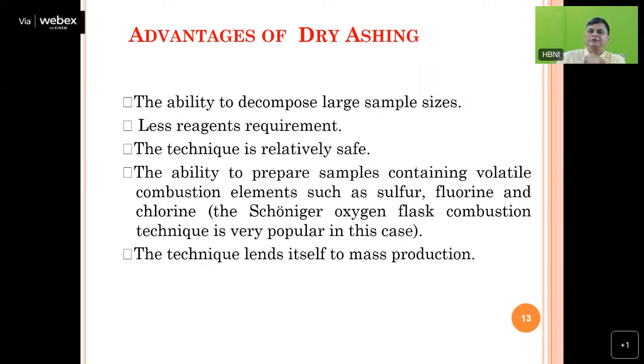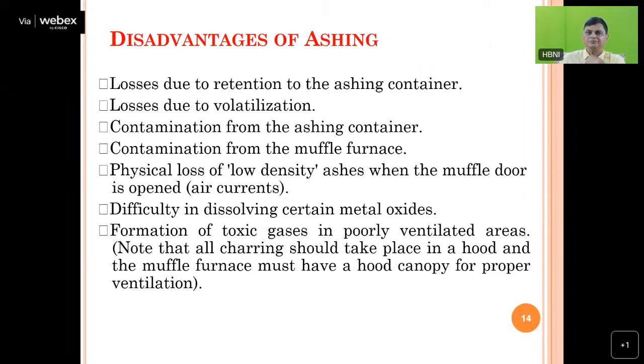The ability to prepare a sample containing volatile combustion elements such as sulfur, fluorine, and chlorine. If we have to do it, then we use the Schoniger's oxygen flask combustion technique, which is very popular in this case. And the technique lends itself to mass production.